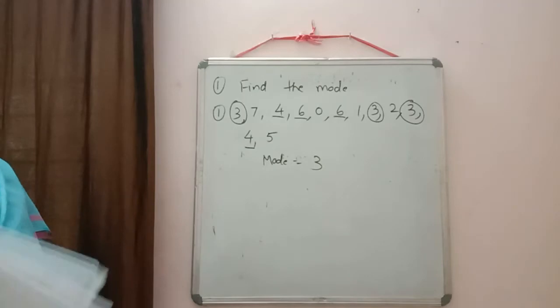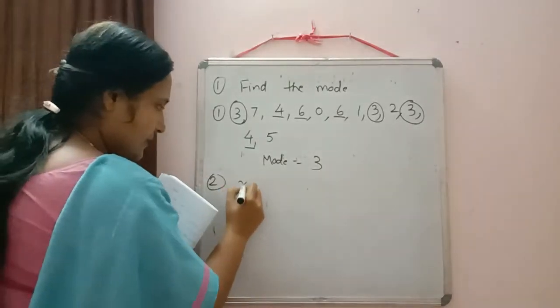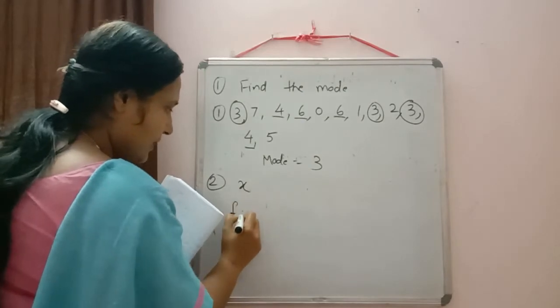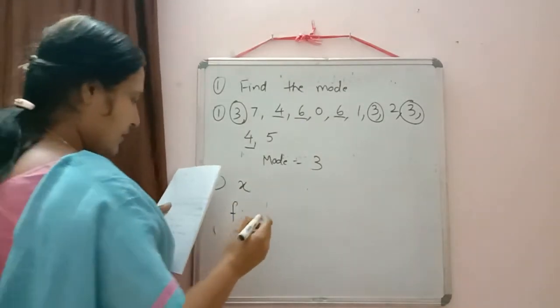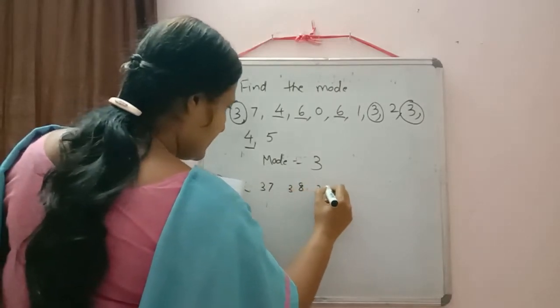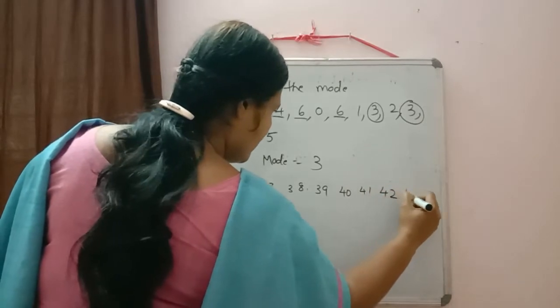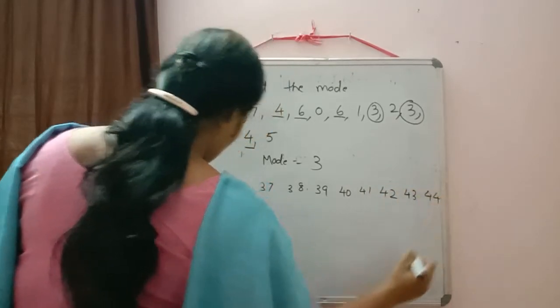One more question we can do. Write down the second one. The observations and their frequencies are given. So write down the observations: 37, 38, 39, 40, 41, 42, 43, 44.